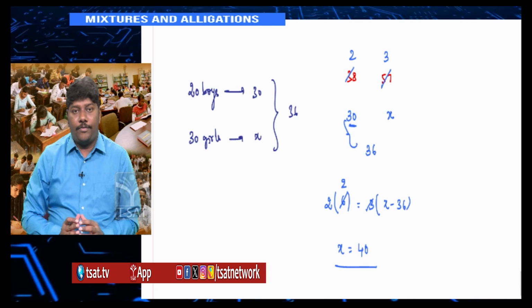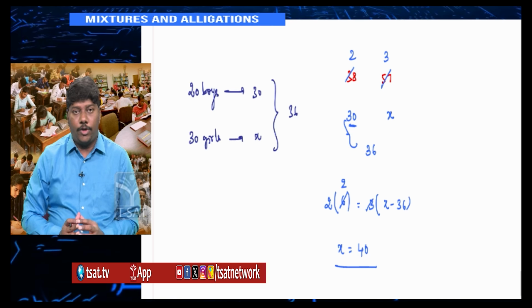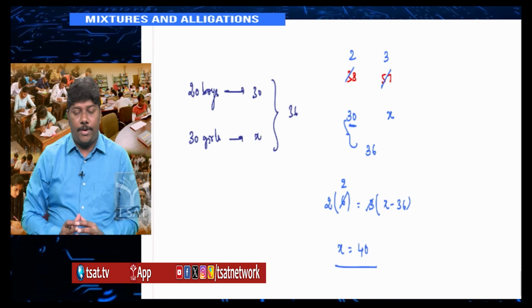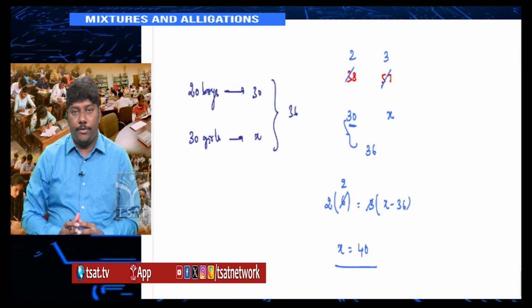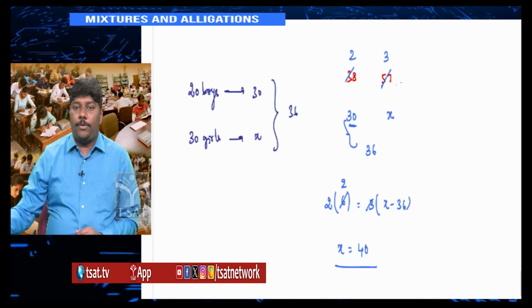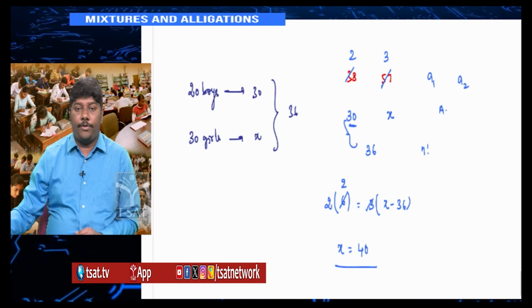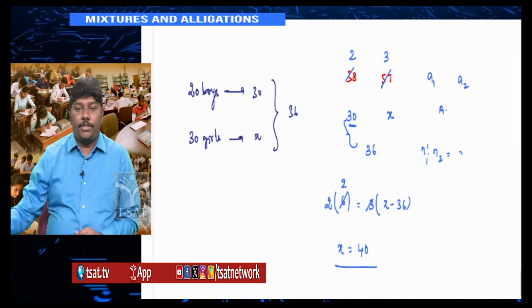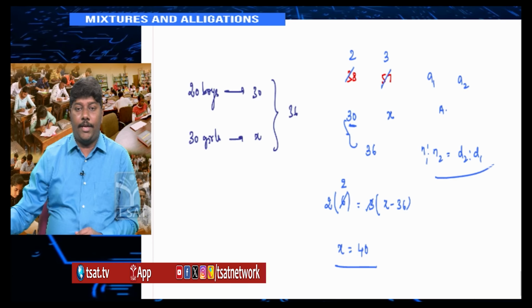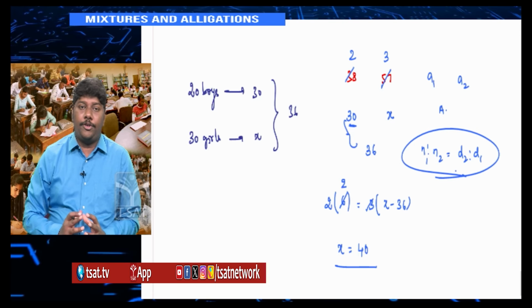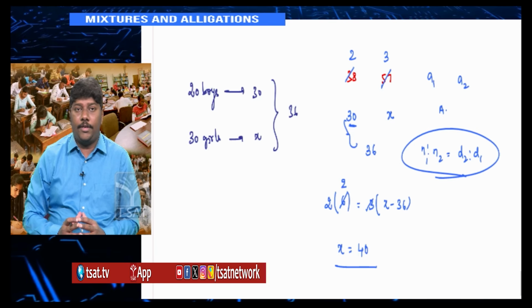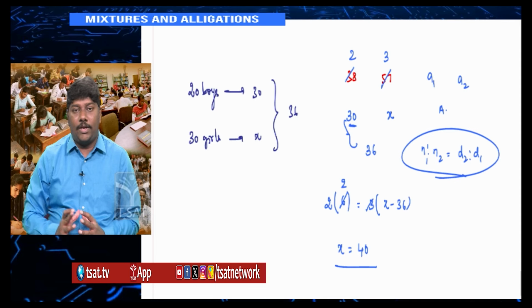So if anything out of N1, N2, A1, A2 is missing, always use the formula N1 D1 = N2 D2. Suppose they give you A1, A2, capital A, and they ask about N1 is to N2. You know what N1 is to N2 is? D2 is to D1. This is a typical alligation problem. In what ratio you need to mix these two solutions in order to get the resulting mixture in a certain concentration.